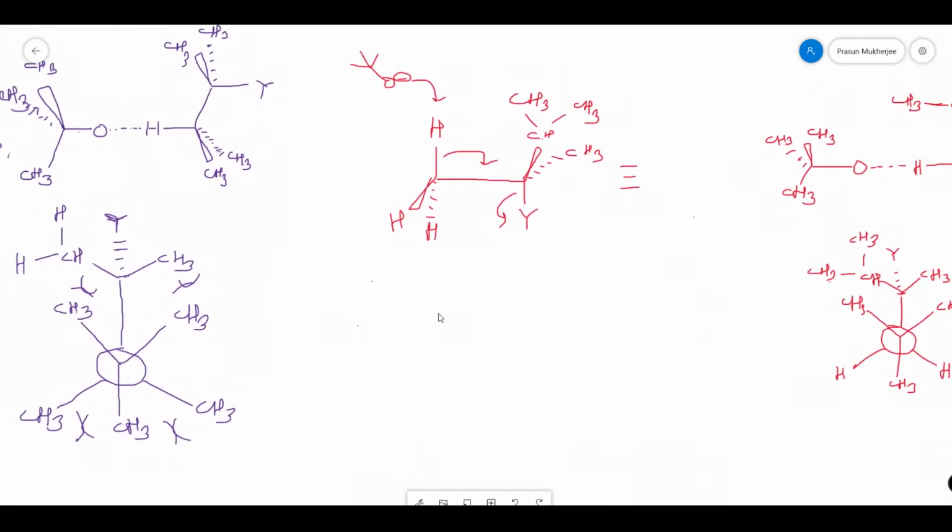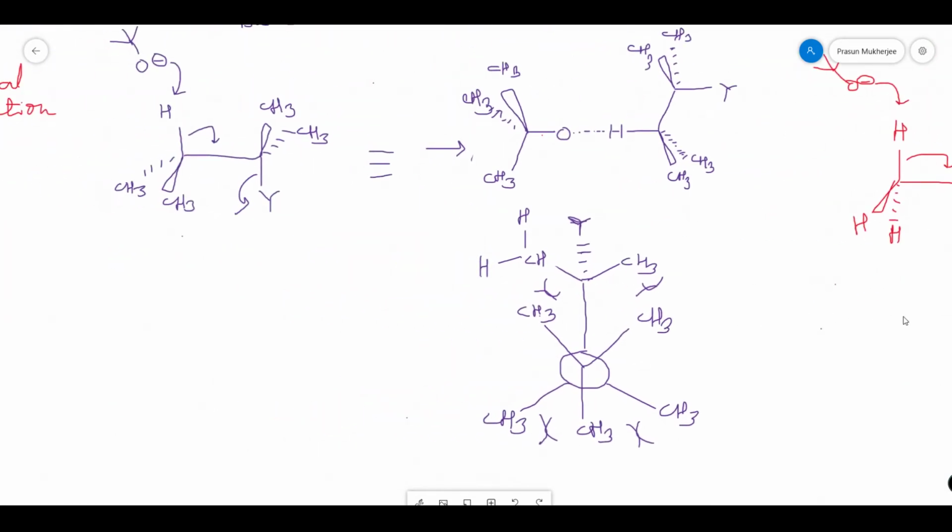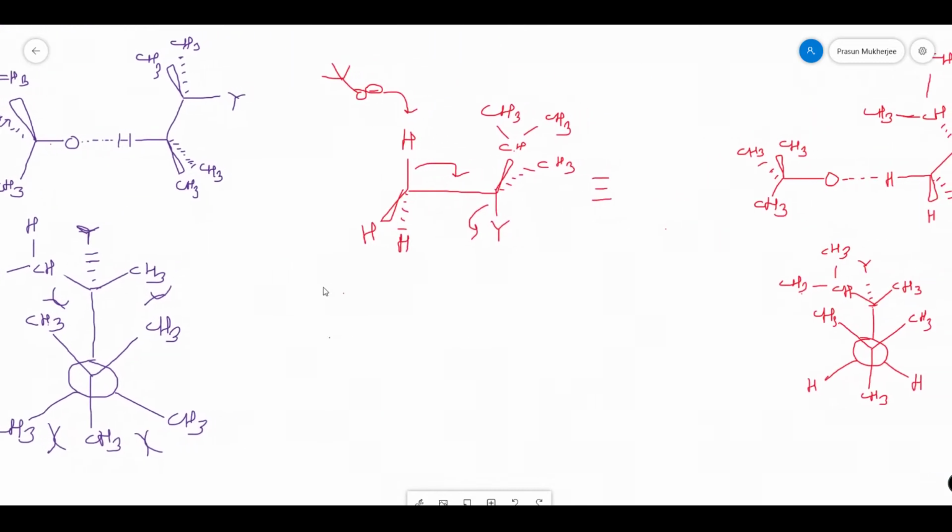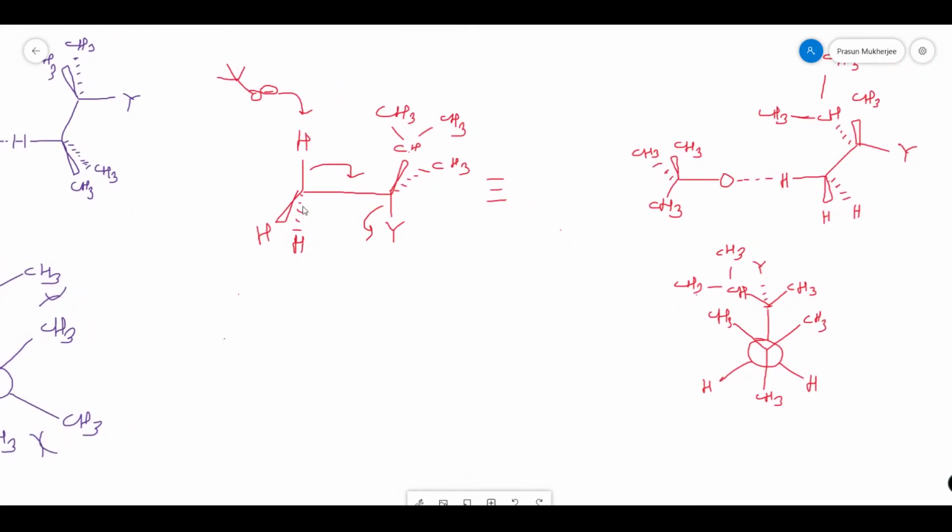But if the tertiary butoxide now abstracts either from this methyl or this methyl group, then the situation will be like this. Now the two methyl groups will be replaced by these two hydrogen atoms, and this will be the case.